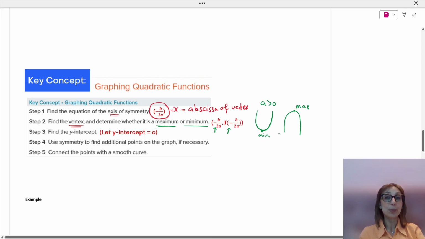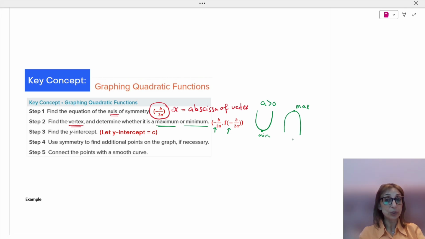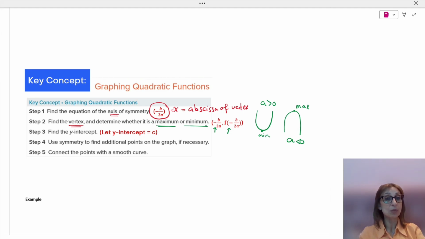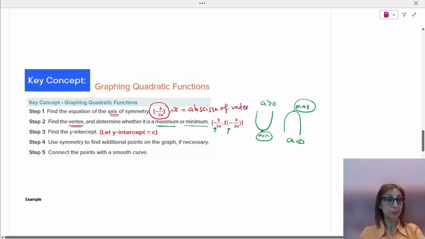If the parabola opens downwards, a is less than 0. So a determines if the vertex is maximum or minimum: if a is greater than 0, the vertex is a minimum, and if a is less than 0, the vertex is a maximum.